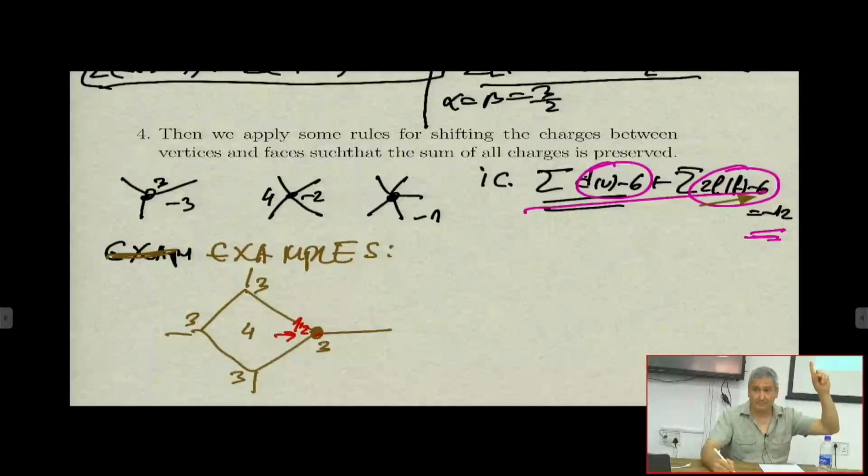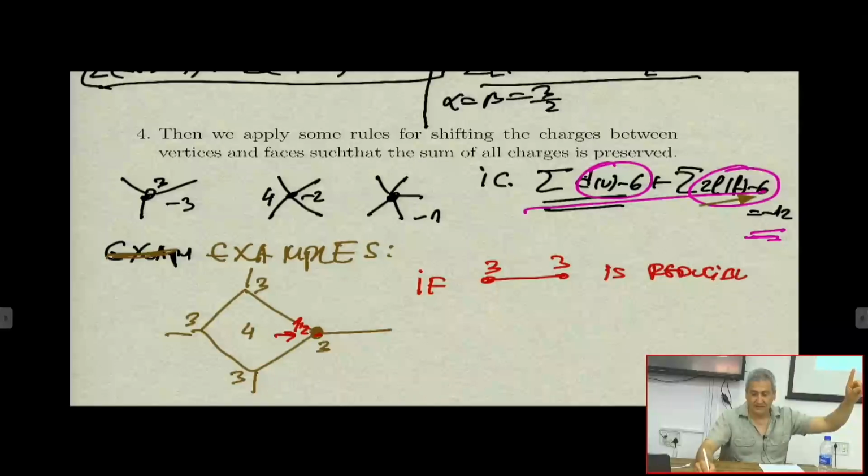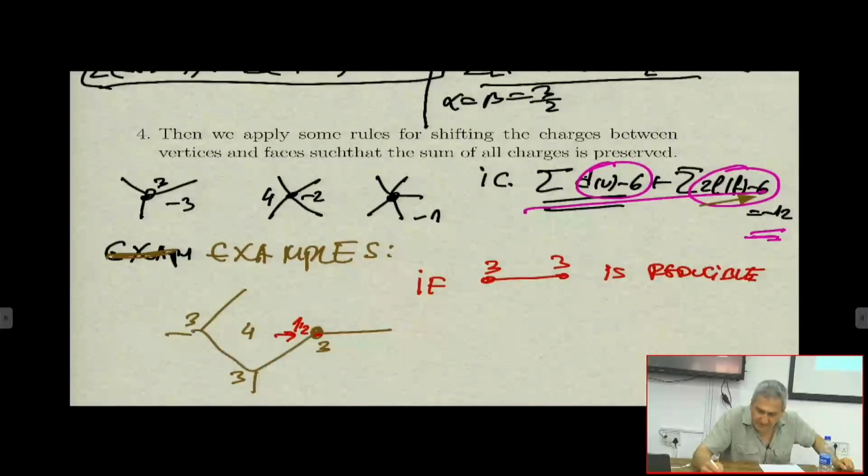But this is very important. If the configuration with two adjacent 3 vertices is reducible, if I proved that before, how many 3 vertices can I have around? I cannot have two 3s adjacent. I can have one 3 here and one 3 here.